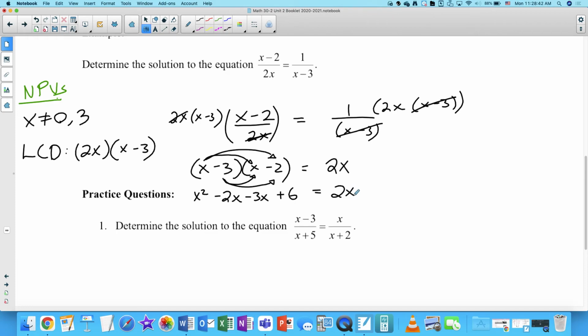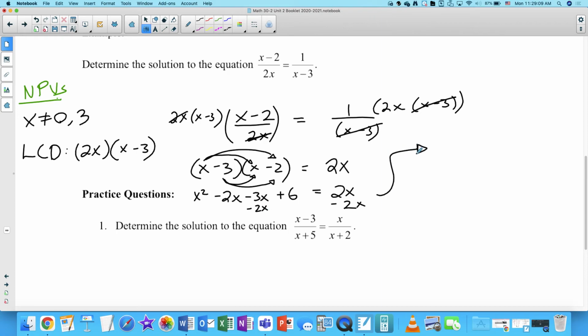Okay, where do we go from here? Yeah, so I would collect these 2x's on this side. So you can do this all in one go if you want. Right? And then essentially what you're going to have is on the left side, x squared minus 2x minus 3x minus another 2x.